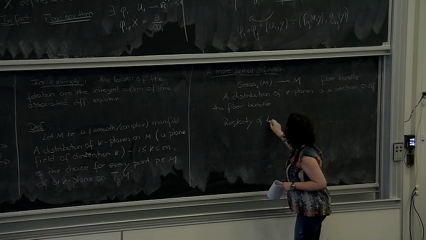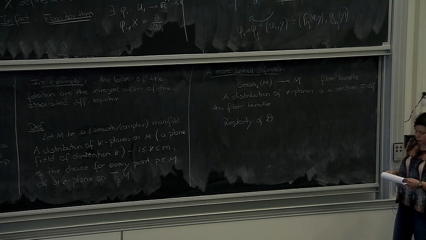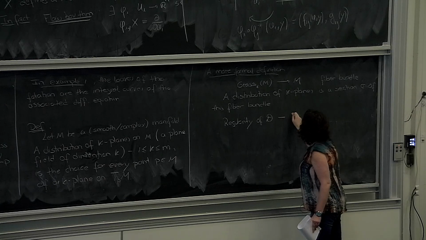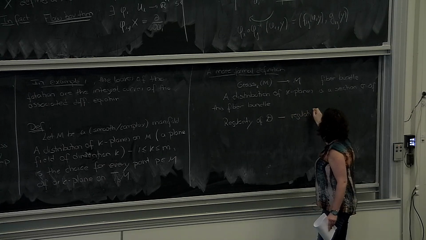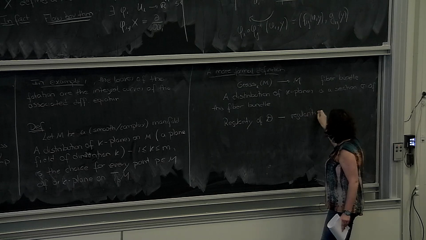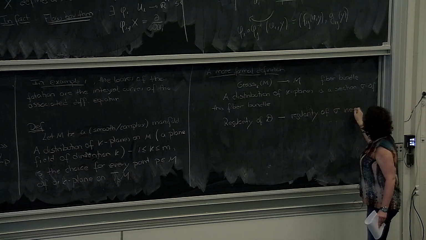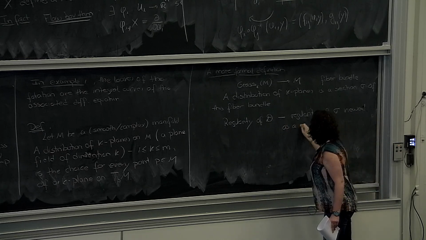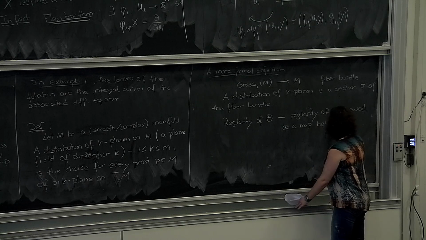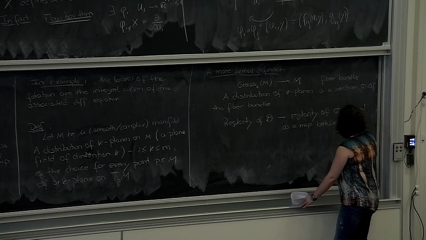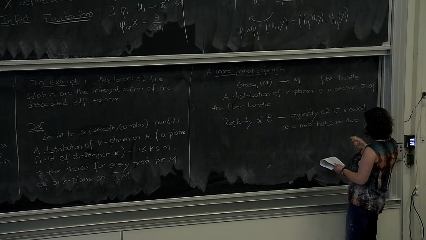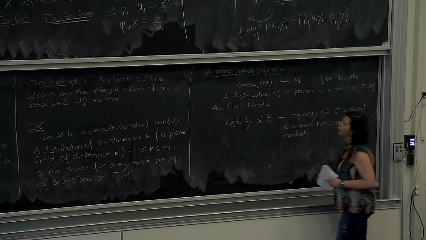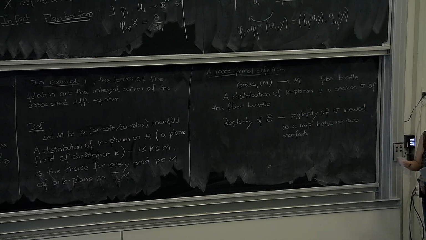So the regularity of the distribution, I'm going to denote the distribution by D, corresponds to the regularity of sigma viewed as a map between two manifolds.